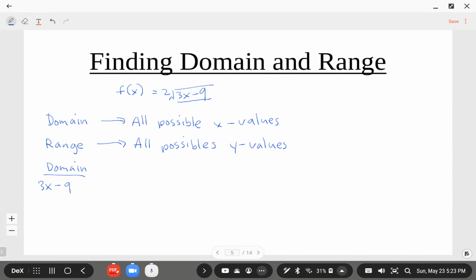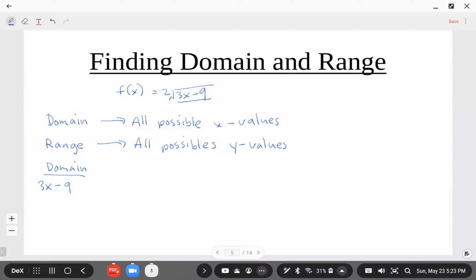And what makes this function not true? This can be any number except for negative numbers, because since we're working with a square root, we have to keep in mind that we cannot square root a negative number, and that's going to be a major obstacle when we are graphing these functions.